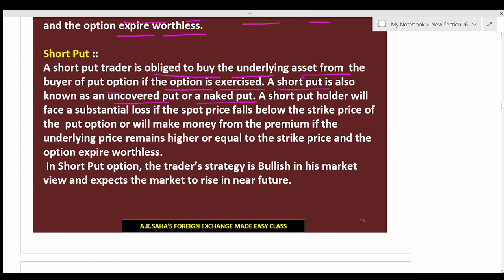A short put holder will face a substantial loss if the spot price falls below the strike price of the put option, or will make money from the premium if the underlying price remains higher or equal to the strike price and the option expires worthless. In a short put option, the trader's strategy is bullish in his market view and he expects the market to rise in the near future.